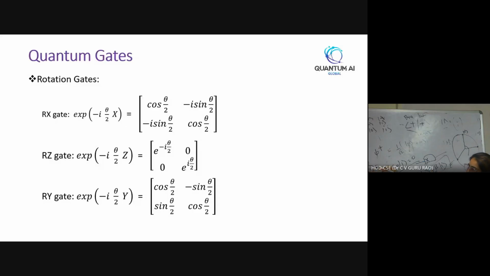Now, once we solve this exponential, using Euler's theorem, we can solve it.